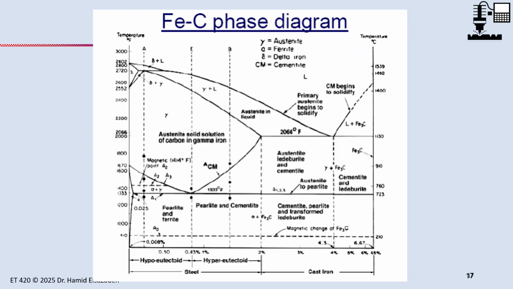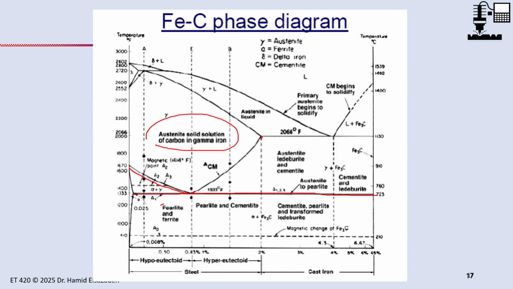For example, between this point and this point we have a line called the ACM line, and from this point to this point there is another line with its own name. All of these lines have a name, or temperature, composition. Some of the compositions and names, for example what phase we have at this region, you need to memorize.